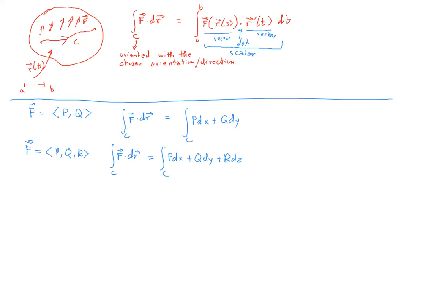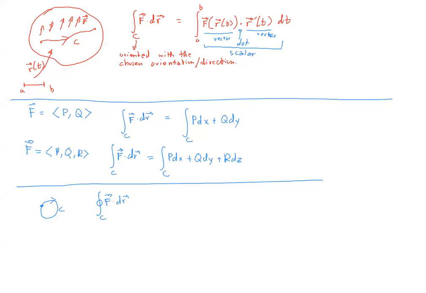And there's one more detail that we should mention here. If the path that we have is closed, it's what one can usually refer to as a loop. Then, instead of writing just the integral of F dr, we can emphasize the fact that the path is closed by putting a circle on the integral.